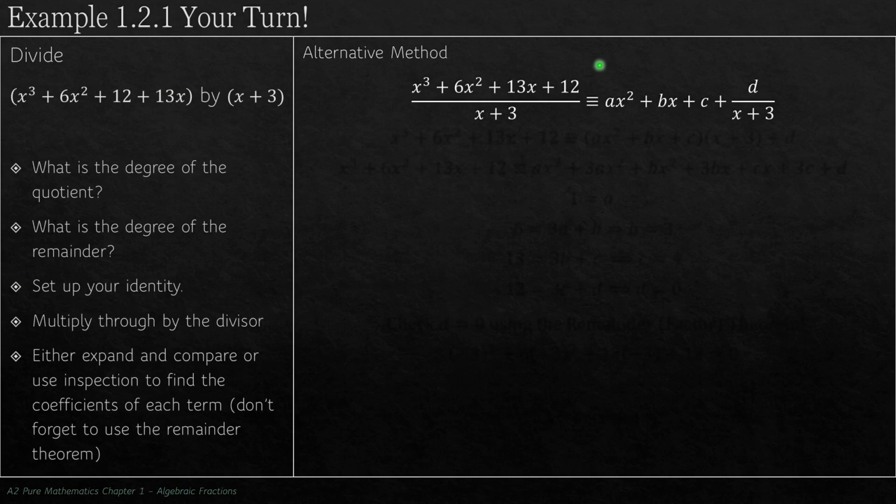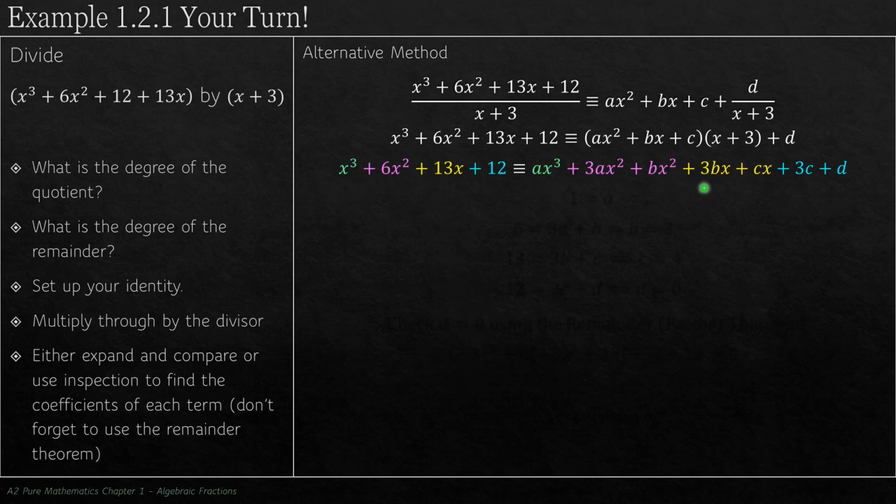So we do end up with a similar setup as we had on the previous question. Please make sure that you understand exactly where this has all come from. So step 1 is to multiply through by this x plus 3. So you're going to multiply through, and then you need to expand this bracket out.